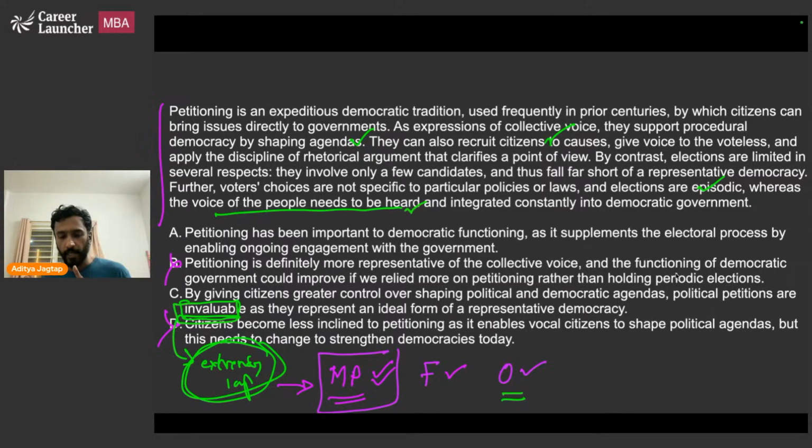Notice what I did. I read the word and I went back to the passage and I checked. And what I told you was, at this stage, if you're comparing two options, and because you feel like you're losing out on time, instead of investing another 15 or 20 seconds in getting the right answer, you jump to a choice. Invaluable is a word that should be checked.